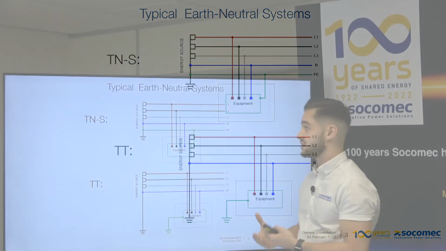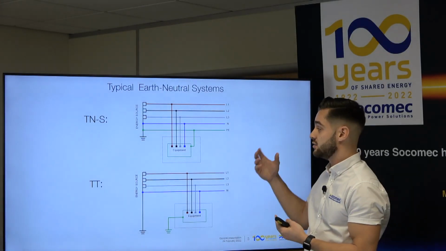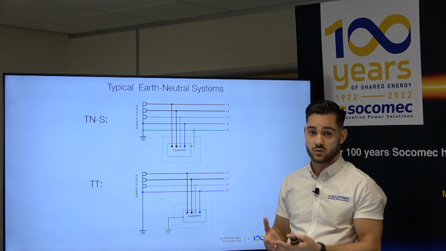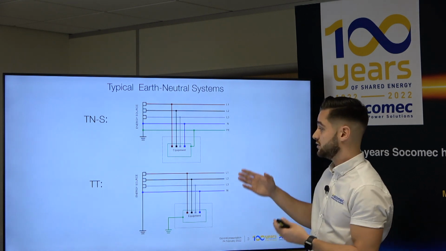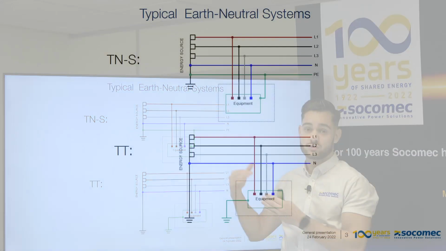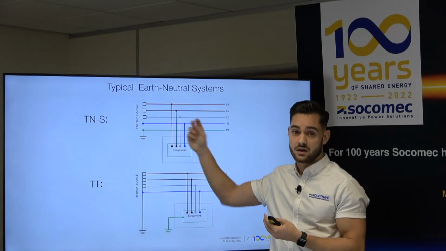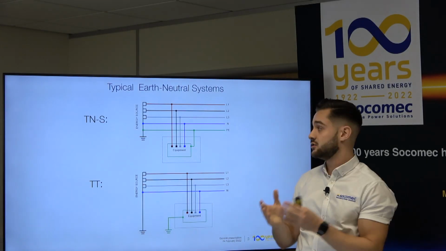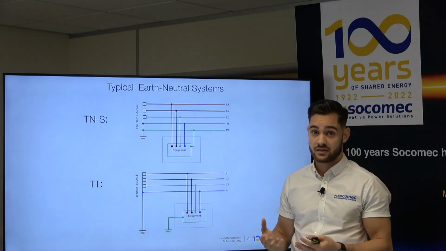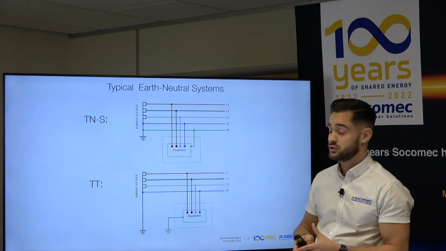With the TN-S earth and neutral system, you get separate earth and neutral conductors, and you get the equipment earth straight to the source. You've probably heard about the TN-C as well, which is a different type of earth and neutral system, which basically gets the same thing, but you only get one conductor for the earth and neutral. So they are connected together, and you get a PEN conductor.